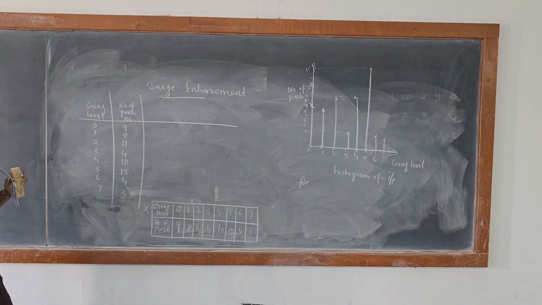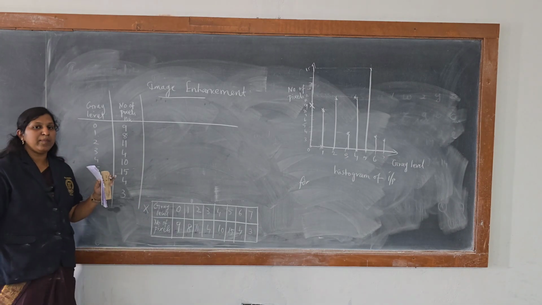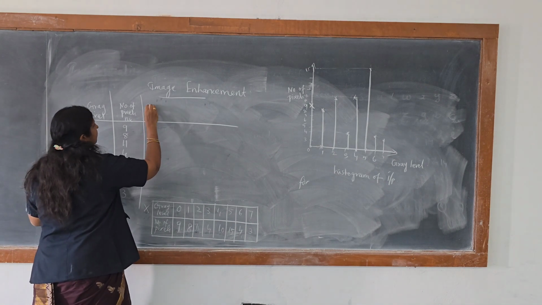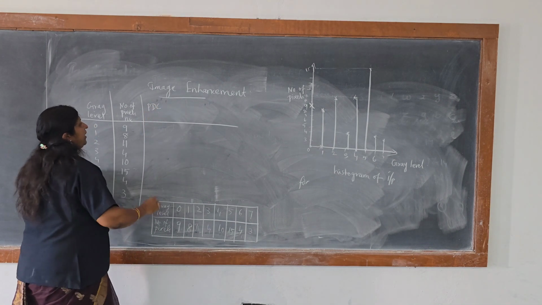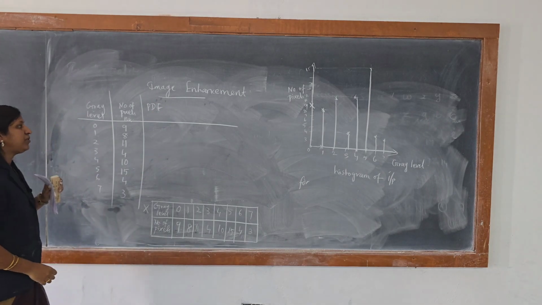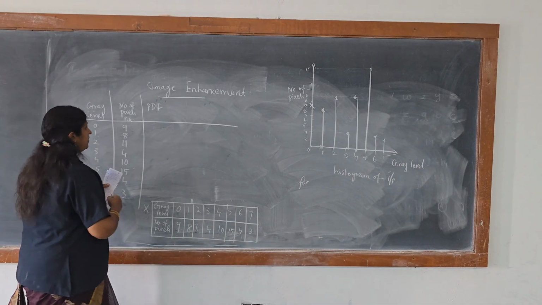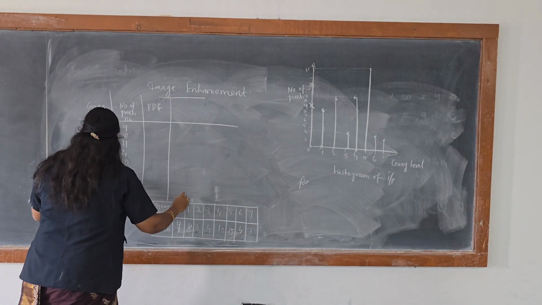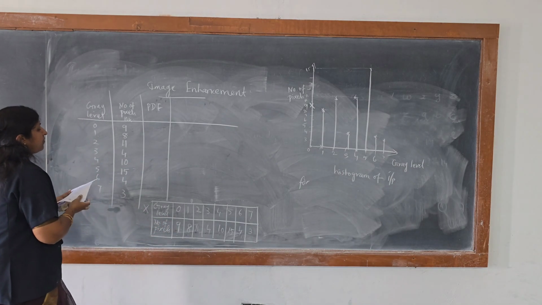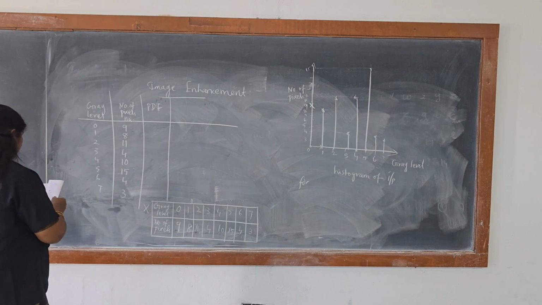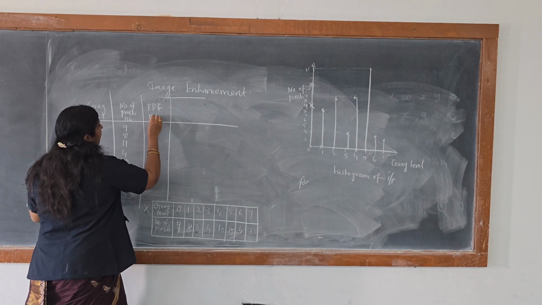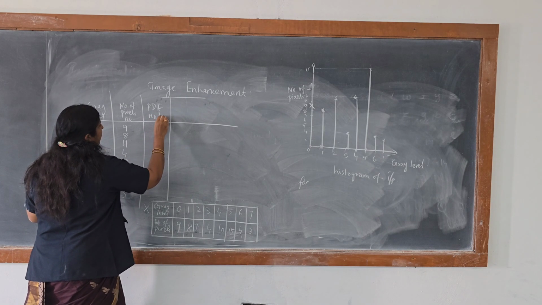As I told you, in histogram equalization, first we have to compute the PDF. So what is PDF? PDF is a probability distribution function. It can be calculated using the formula nk divided by n.